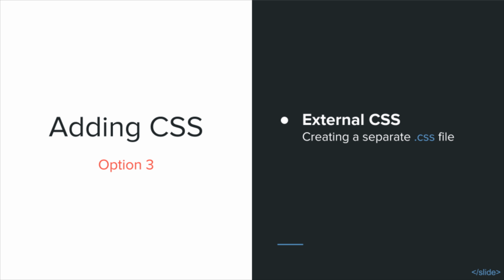The third option for adding CSS to our page is using external CSS. Instead of creating the CSS rule in the same file as we are writing the HTML, we create this CSS rule in a separate file with a CSS extension.